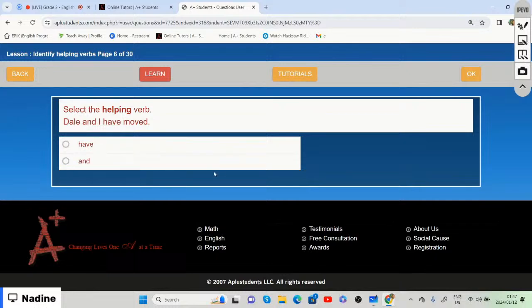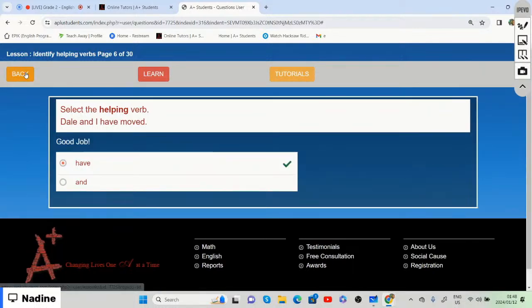And if we select the helping verb within the sentence, then we will say it is have. So have being our helping verb, and it helps the main verb, which is moved, to show action. And if we select our helping verb, then have is our helping verb.